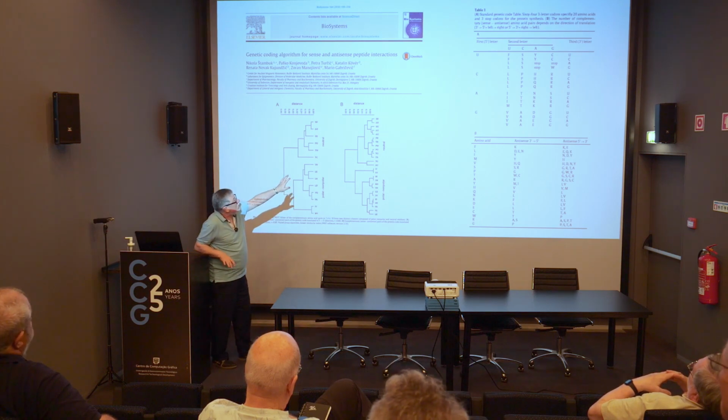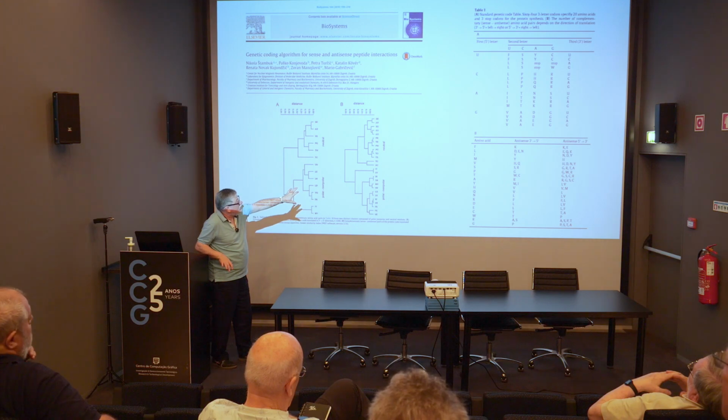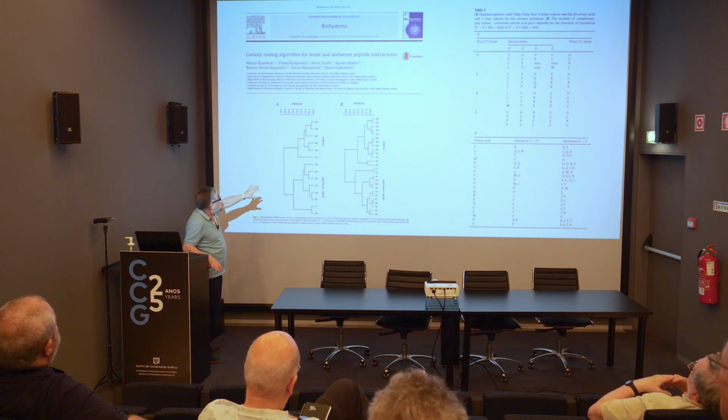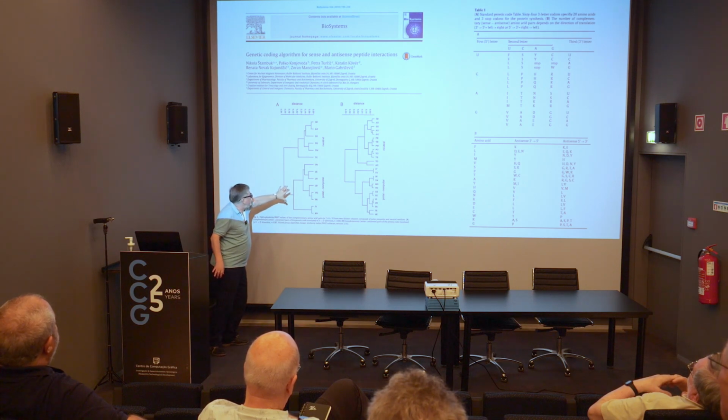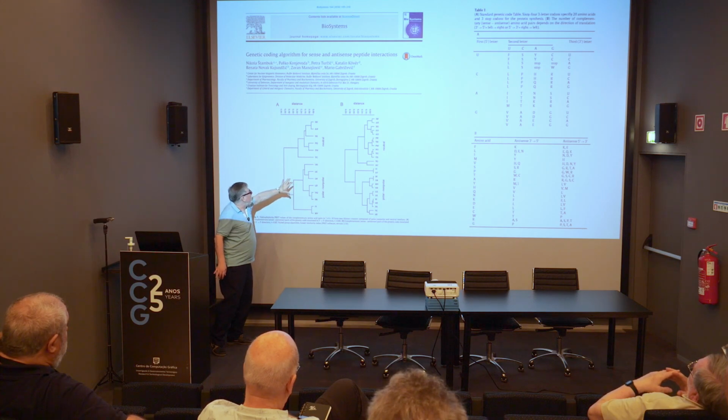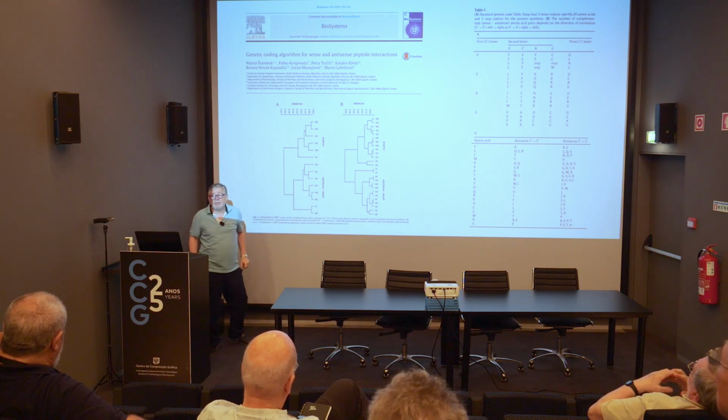Here, just to show you how those opposite polar, non-polar, and neutral, so these are UG complementary, these are UA, these are GC complementary groups.